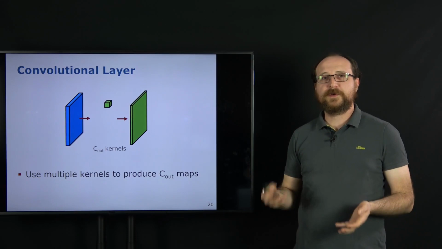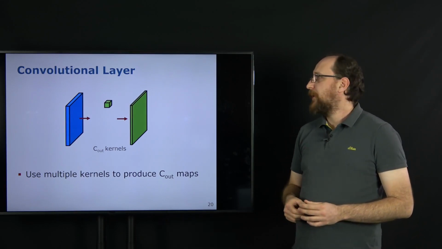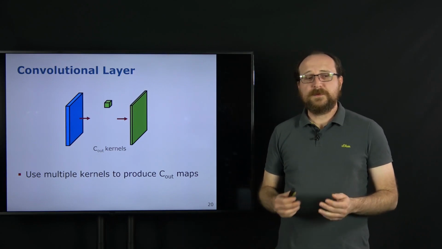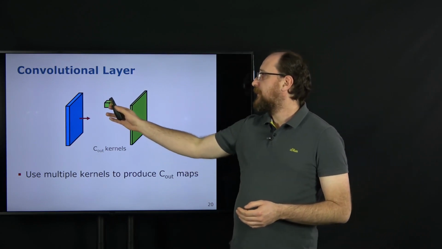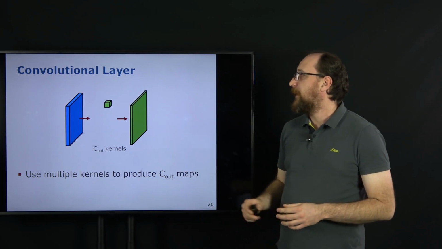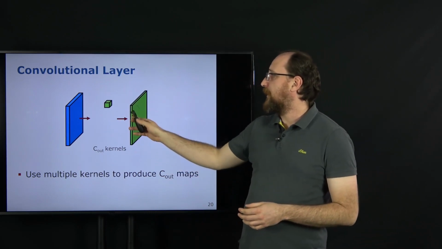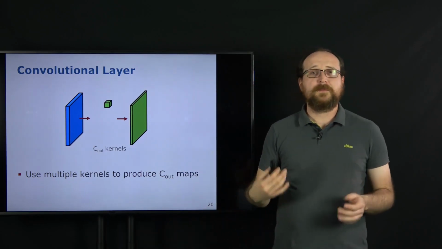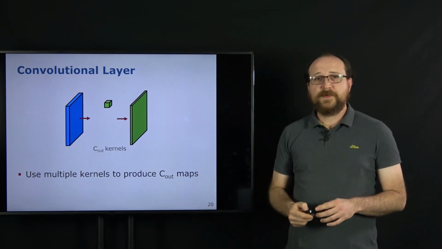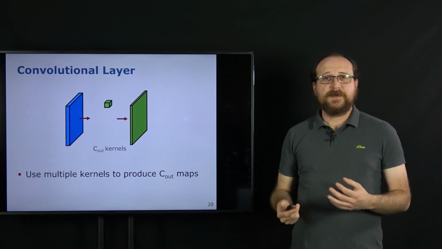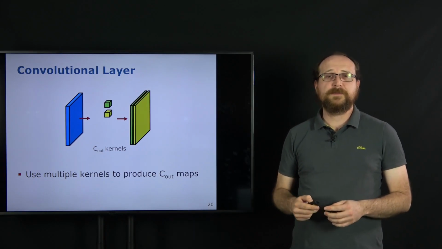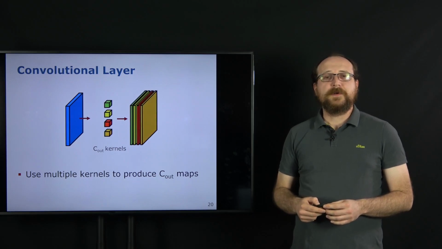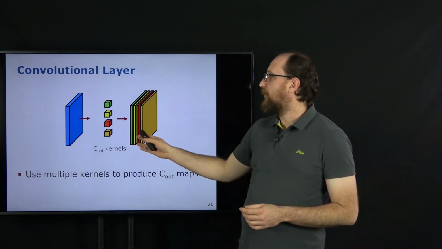So when we are talking about a convolutional layer, we are talking about a layer that has multiple kernels. Here we have indicated the convolutional kernel, and this produces this activation map. As I said, when we have multiple input channels, this will produce one output channel. Since we are not only interested in having one convolution applied to this input, we are now applying multiple kernels to produce this output map.